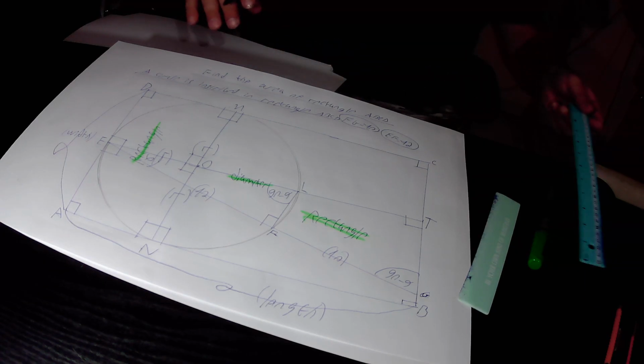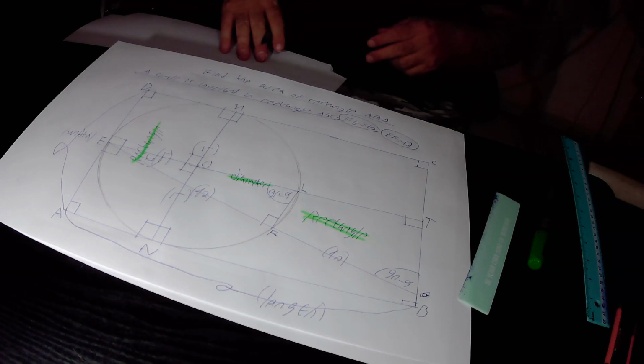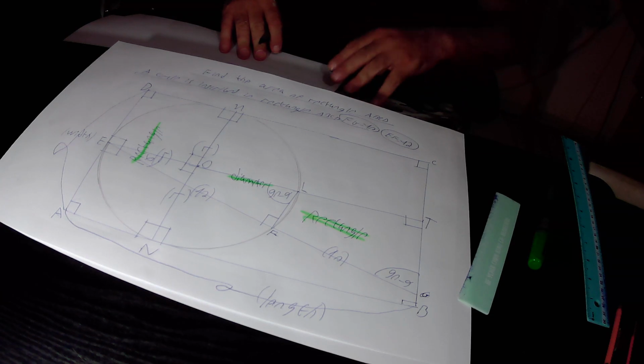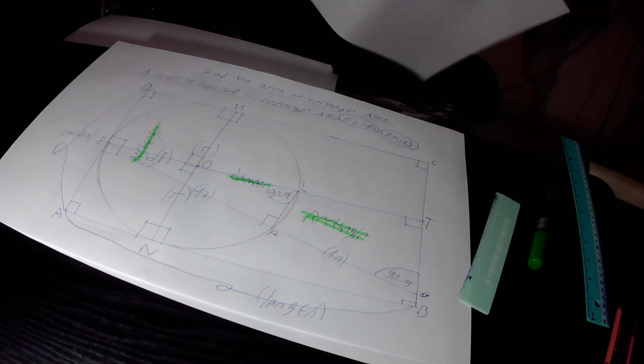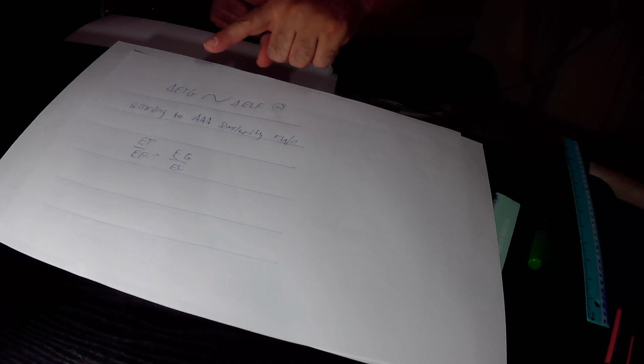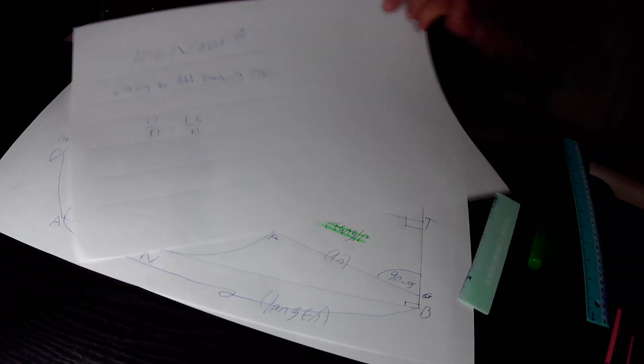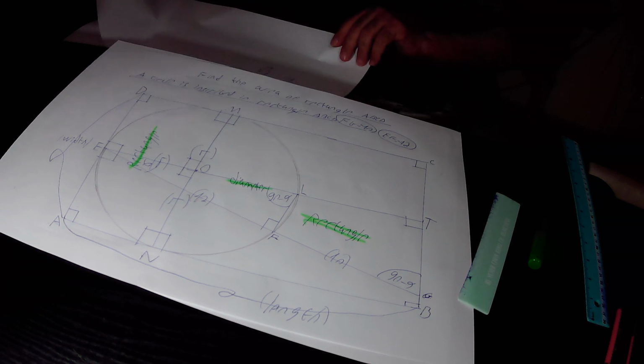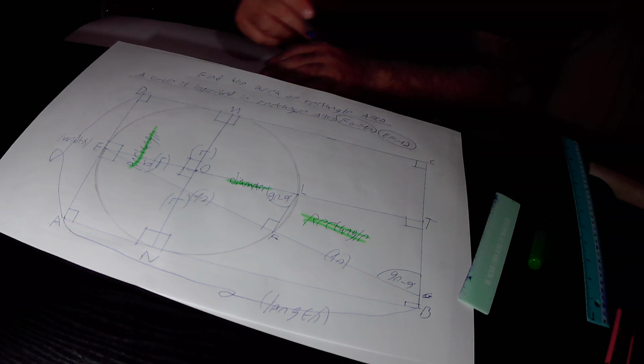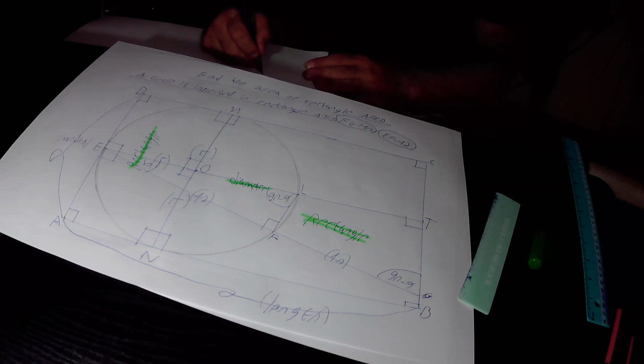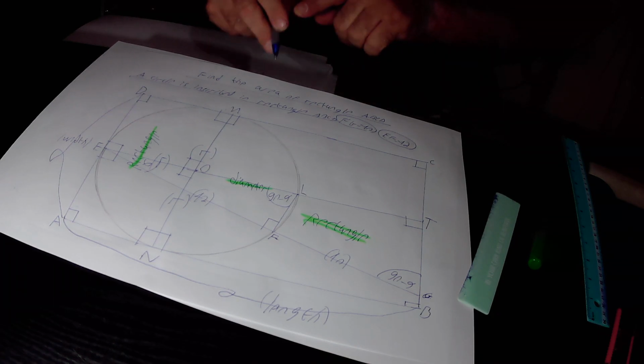Working again, from the fact that those two right triangles are similar to each other, we derive that the following relationship exists between their sides. We derive that side ET of the big right triangle ETG over side EF of the small right triangle ELF is equal to side EG of the big right triangle ETG over side EL of the small right triangle ELF. ET is the missing side, so we leave it as it is, over EF.